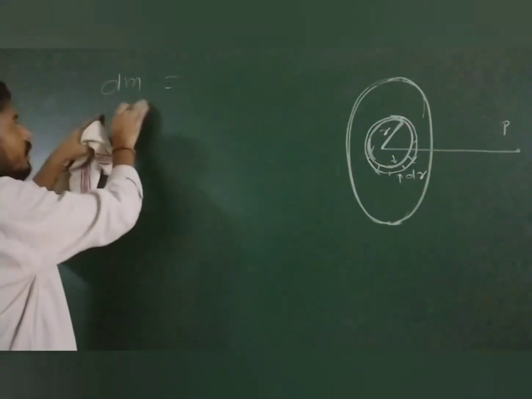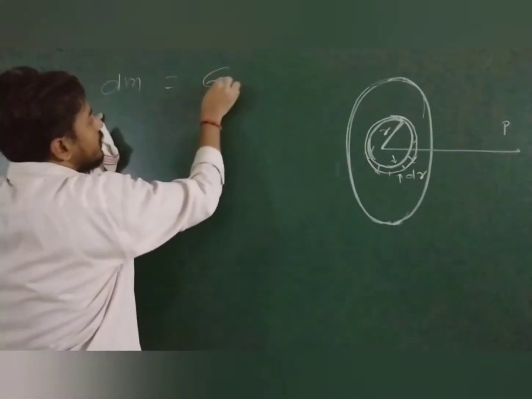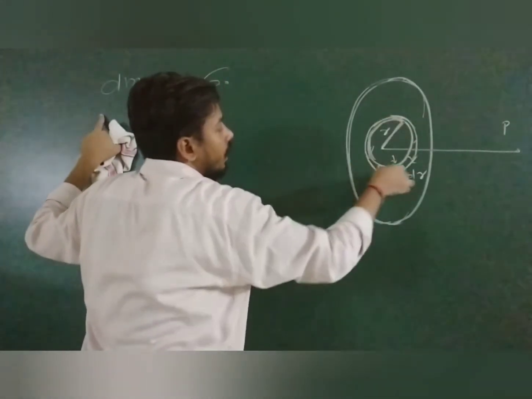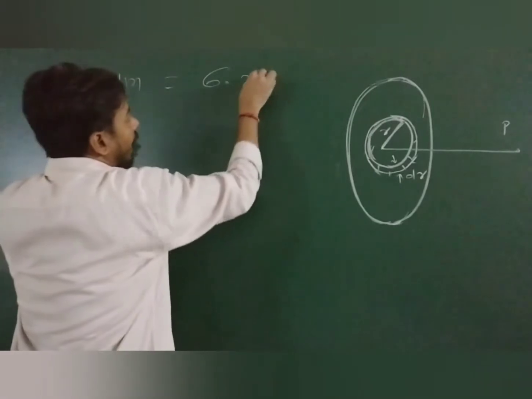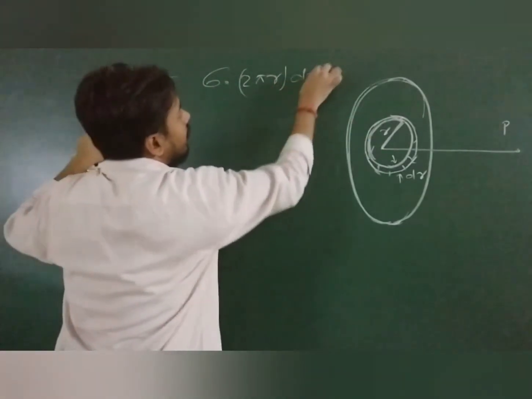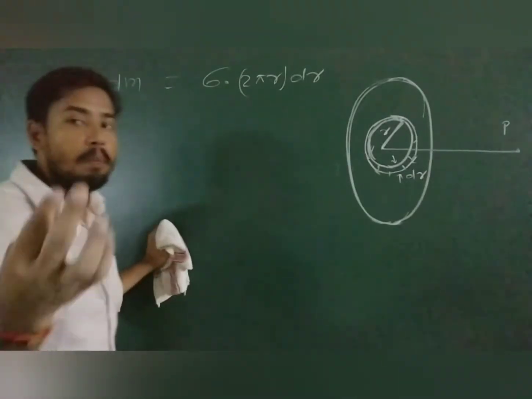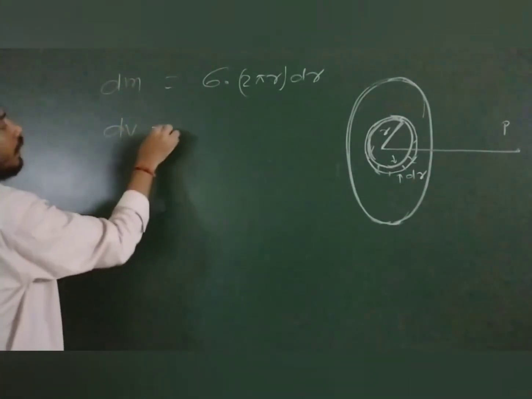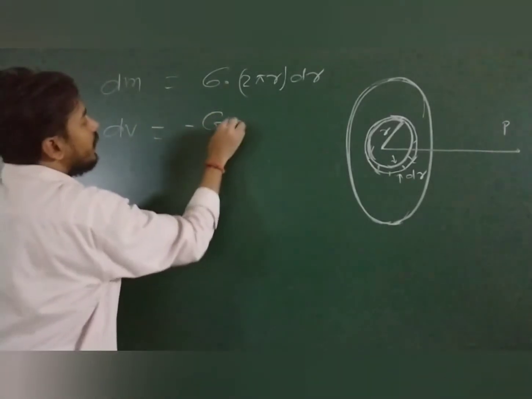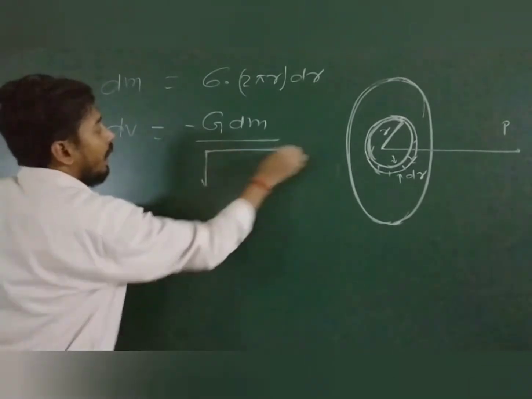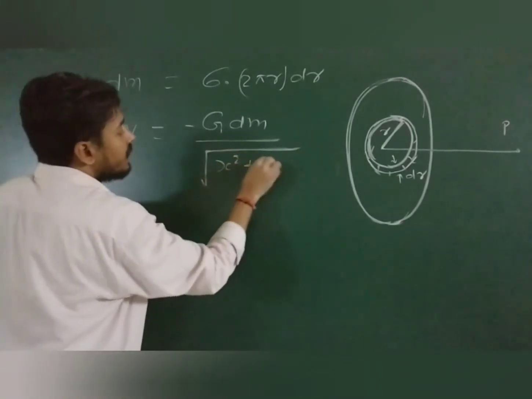So I will write here dm, and this becomes sigma into the area of this part. The length is 2 pi r and the thickness is dr. So this becomes the mass of a small ring. So due to this small ring, the potential becomes minus G dm by under root x square plus r square.